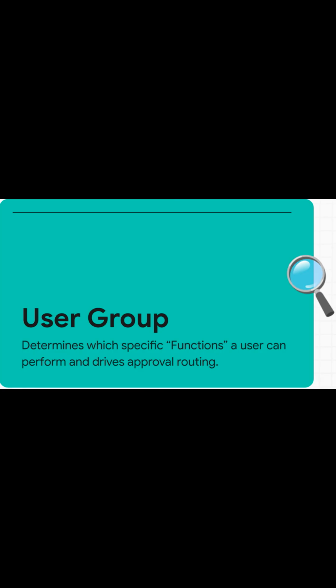Okay, we've talked about what you can do, but what about what you can see? That's often even more critical, I think, for data security and just for keeping users focused on their relevant work. How exactly do these groups act as filters for visibility within the system? This seems like a really complex puzzle to solve correctly, especially in large organizations. It absolutely is, and it's managed through something called user group assignments by purchasing unit.